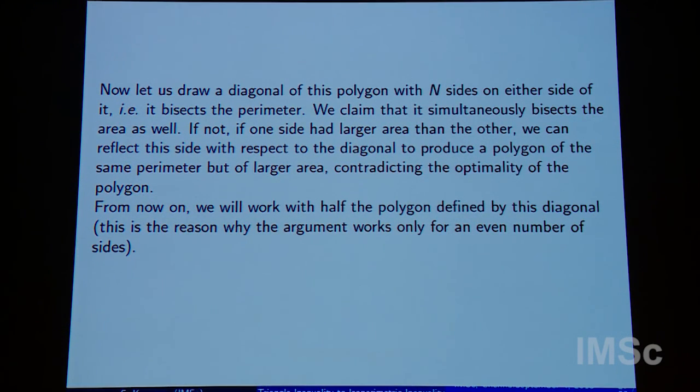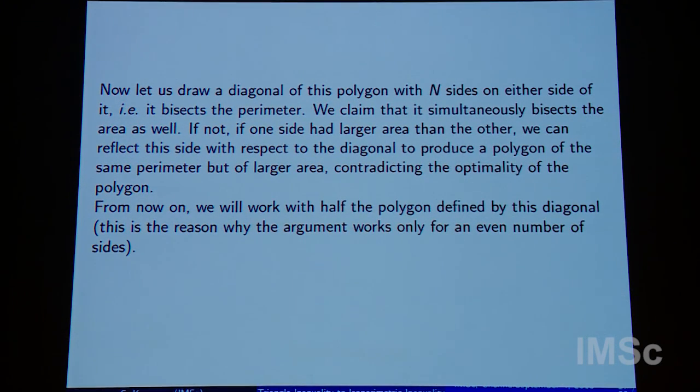But the miracle is I have also bisected the area. Because suppose the top had more area than the bottom, simply reflect it. Now I create a new polygon which has bigger area than the original one, which is not possible because I am dealing with the optimal polygon. Optimal polygon means it has the largest possible area for that perimeter.